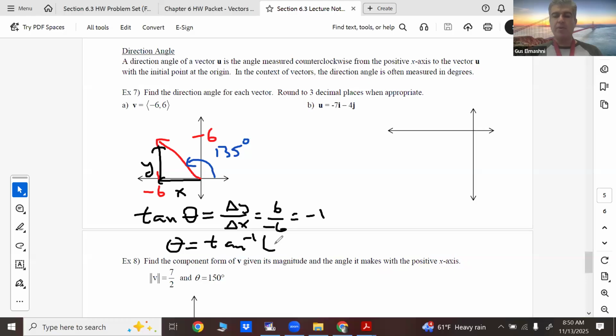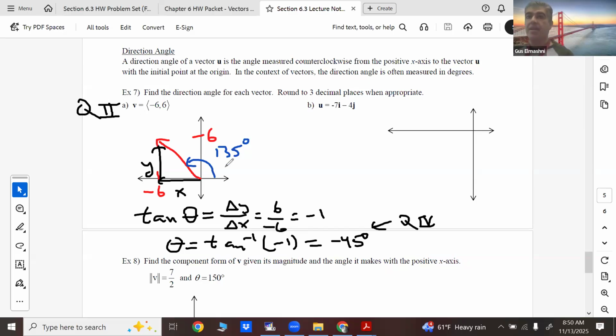Now, if you know your unit circle, the default range from -pi/2 to pi/2, we're going to give this in degrees. That's going to be -45 degrees. But I don't want -45. That's in Q4. I want Q2. You add 180. Because you've got to rotate 180. You have to rotate halfway.